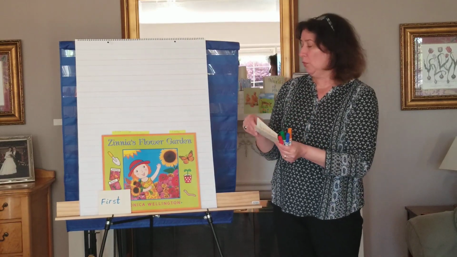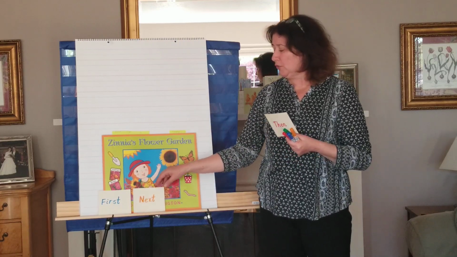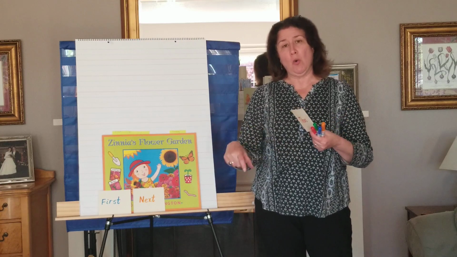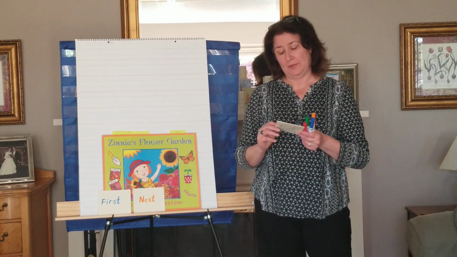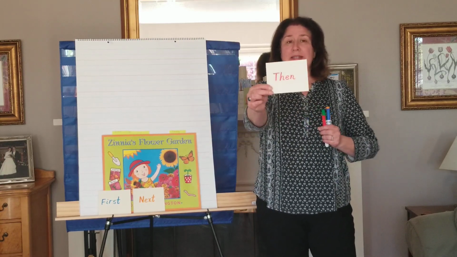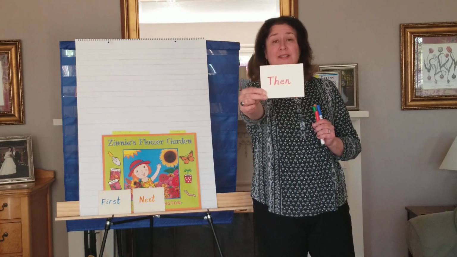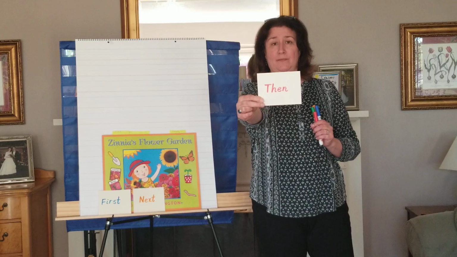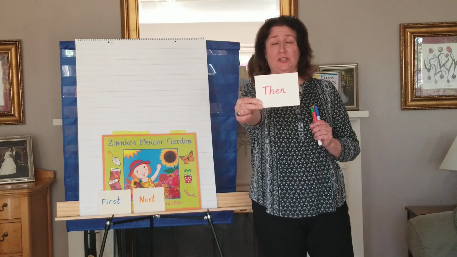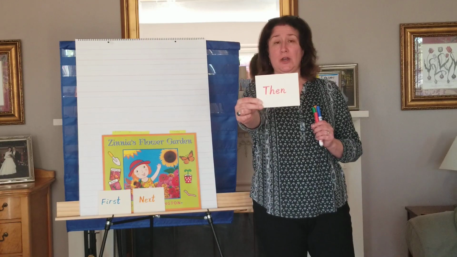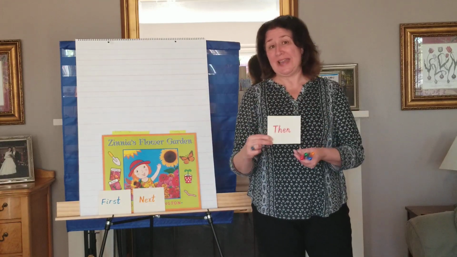So these are words that let us know that a story is going to tell us about the sequence of events. What's the order that things happen? You might see a transition word. This one we know is then. Then is a transition word. Authors use this word to let us know something's going to happen next.